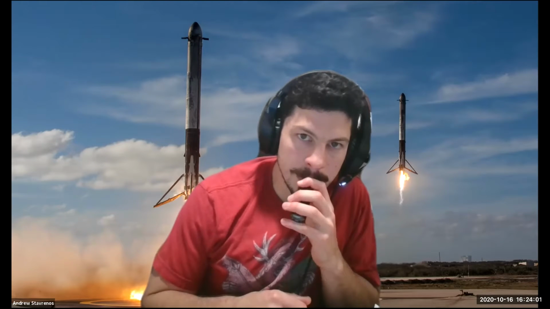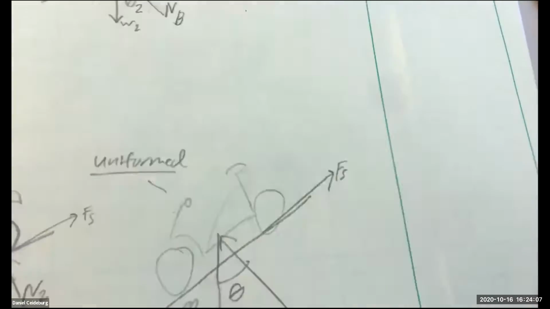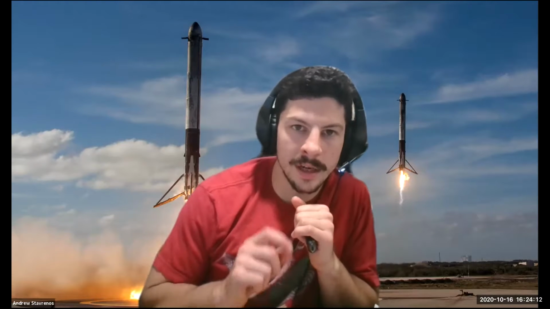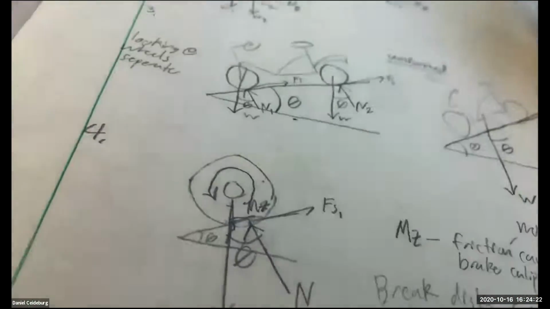Center of mass. Right, but normal is a contact force. It goes at any point where the object is coming in contact with the surface. So there's two normals in the bicycle case. Should I just erase this one because I don't need it? Yeah, then you could just put your two normals at the tires. I'll just keep this one then. Yeah, there you go. That's a good one.